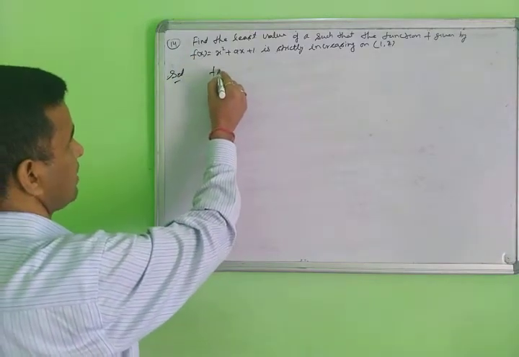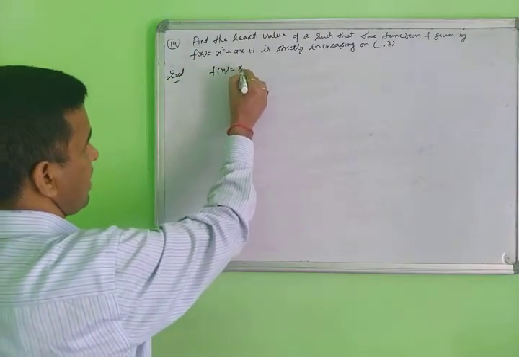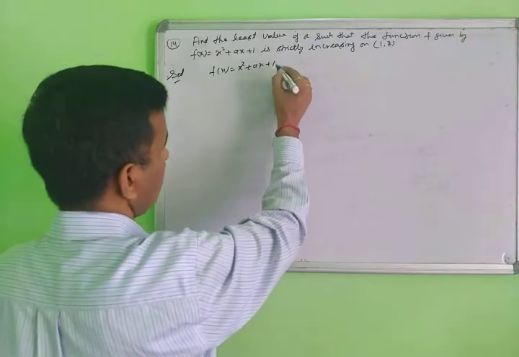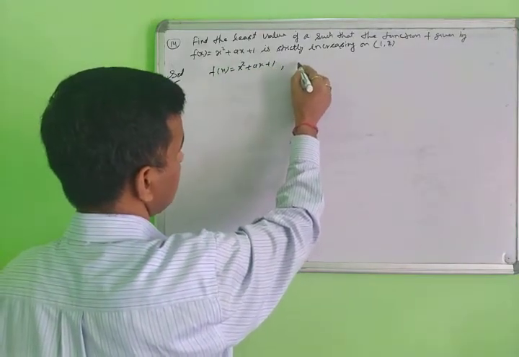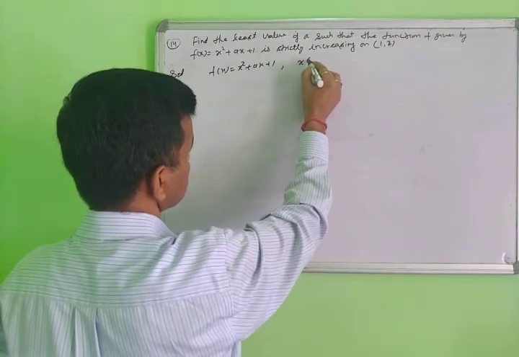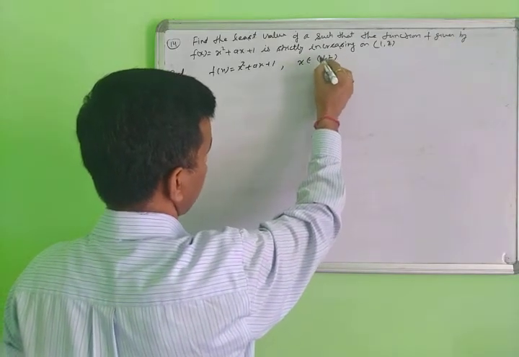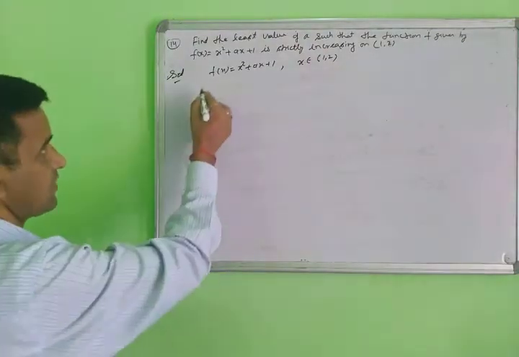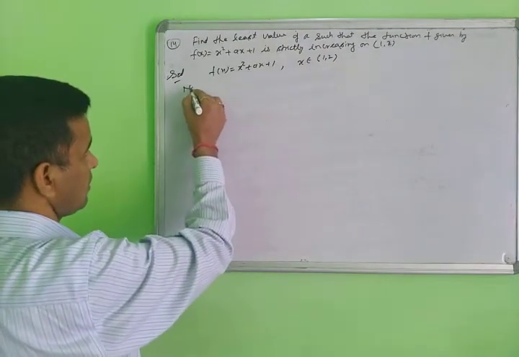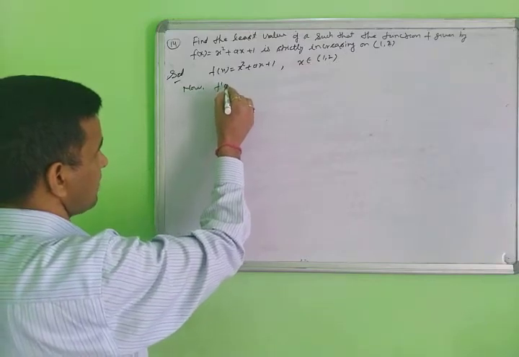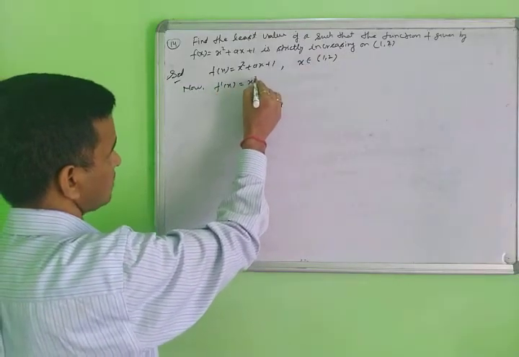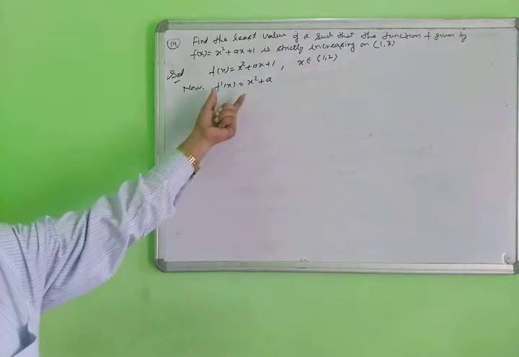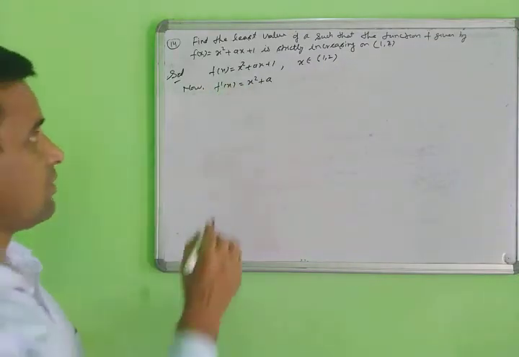First I take f(x) equals x square plus ax plus 1, and it is already given that x belongs to 1, 2. Now differentiate: f dash x equals x square plus a.